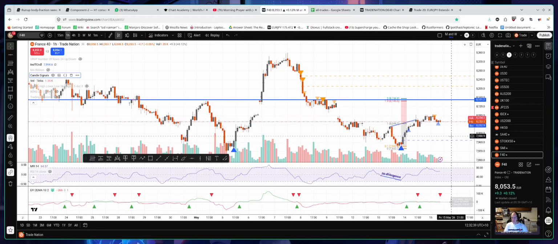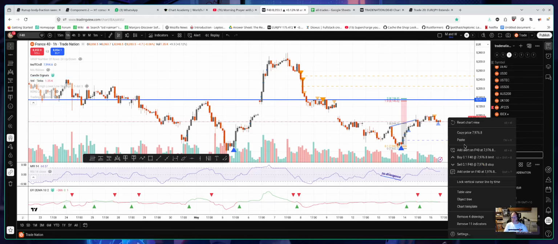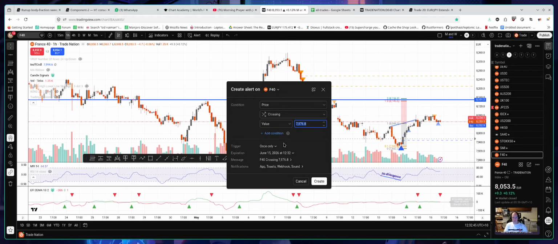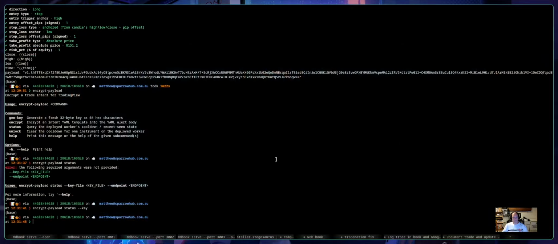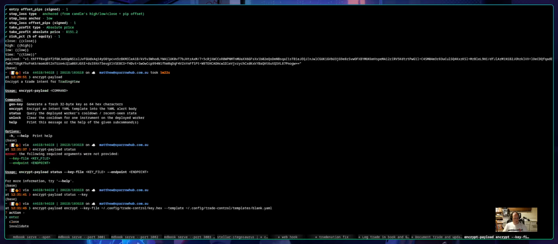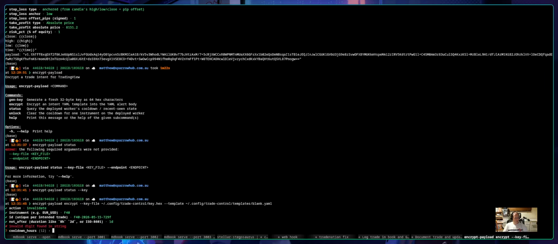So if price goes down to here, we add an alert at that, and we're going to set another message. We're going to encrypt the payload, and it's going to be an invalidate message for F40, which will turn off F40 for 1 day, a 24-hour cooldown.